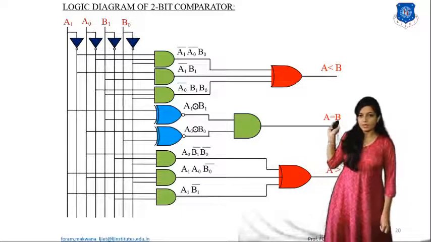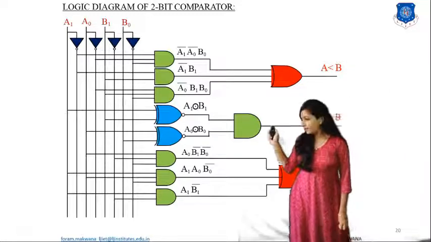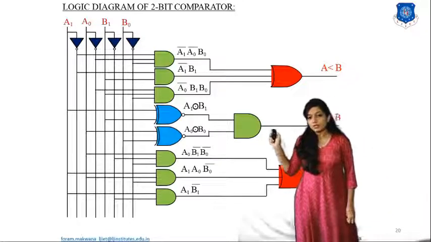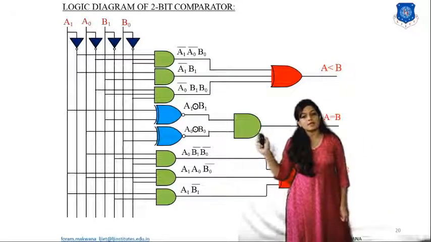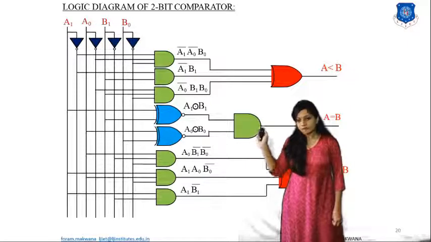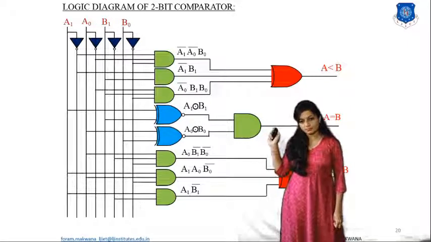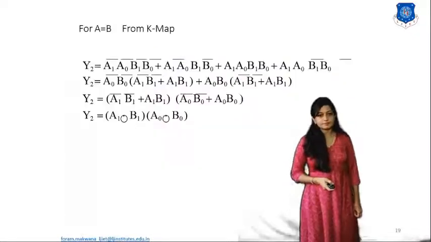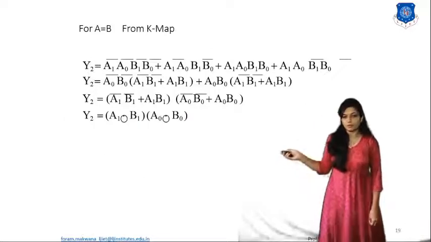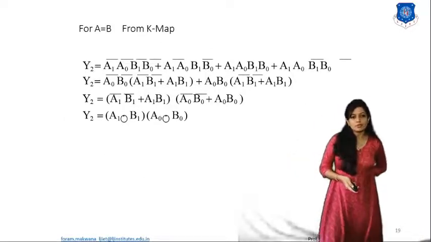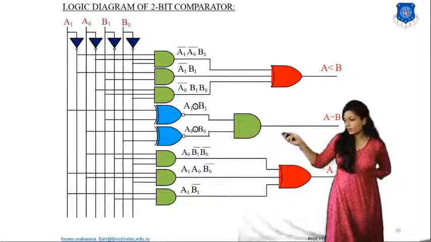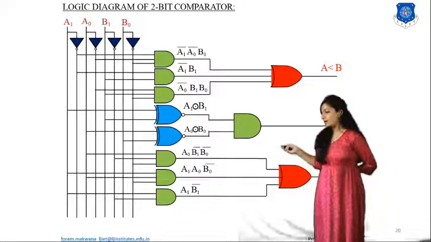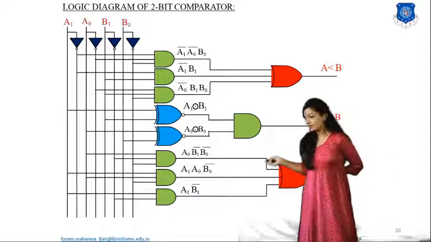For A equals to B, A1 dot B1 is not the AND gate; this represents an XNOR gate. A1 XNOR B1, A0 XNOR B0. So A1 B1 is applied to the two inputs of one XNOR, and A0 B0 are applied to the two inputs of another XNOR.